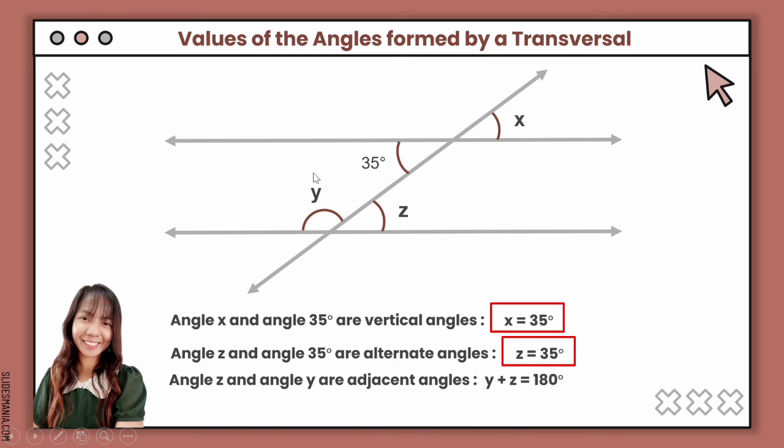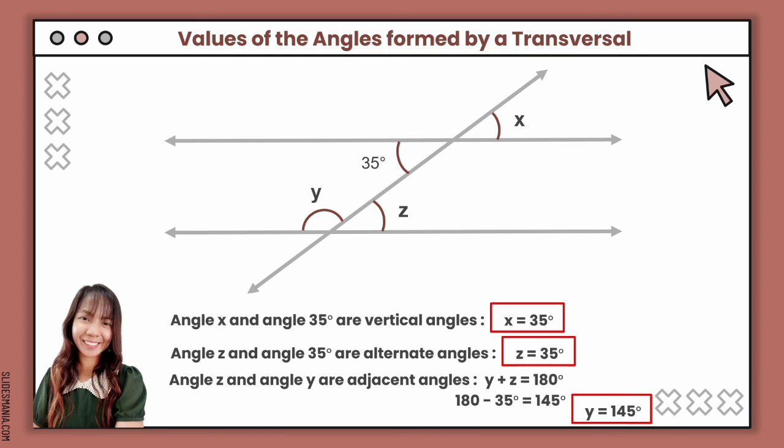So to get the measurement of the angle Y, all you have to do is subtract 180 degrees minus 35 degrees, so the answer is 145 degrees. So angle Y is equal to 145 degrees.